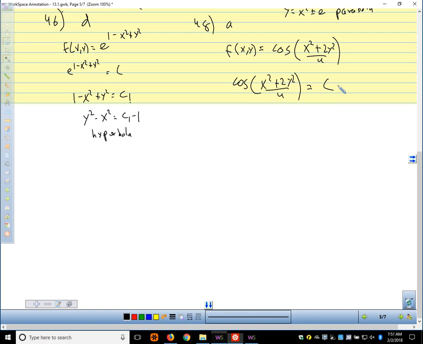So x squared plus 2y squared over 4 is the inverse cosine of our constant, which is another constant. And these are ellipses.